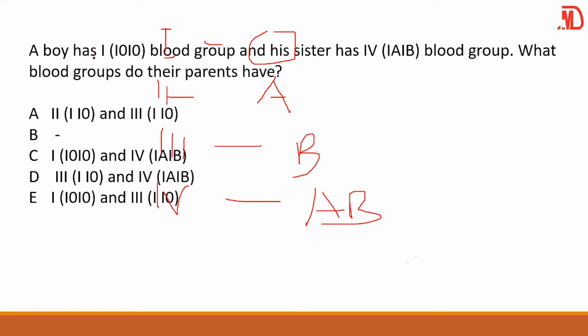They've told you that a boy with blood group I, and I means what? O. So you see they're putting the O. Then the other is IV. IV means what? AB. You see they're putting the AB. And our answer is I, and then what? I. That was our answer.